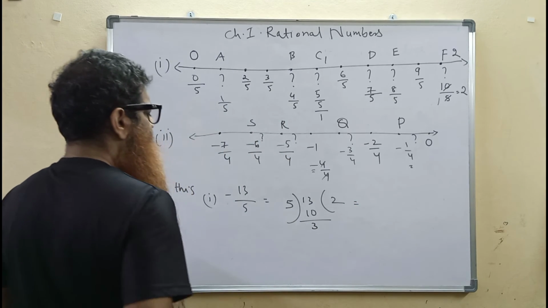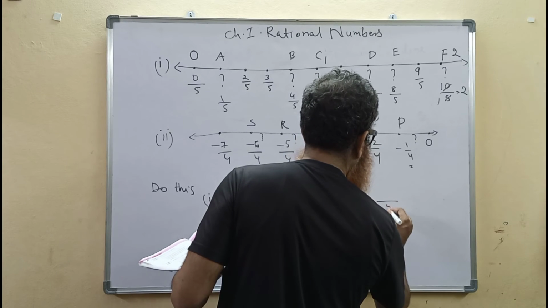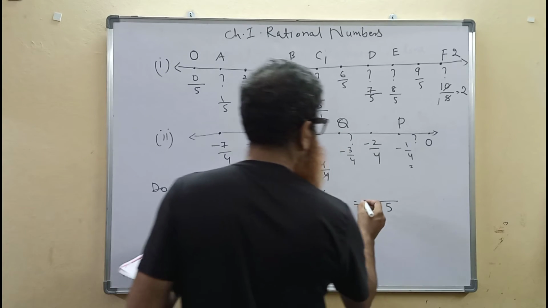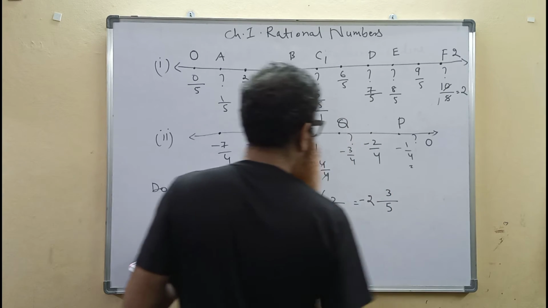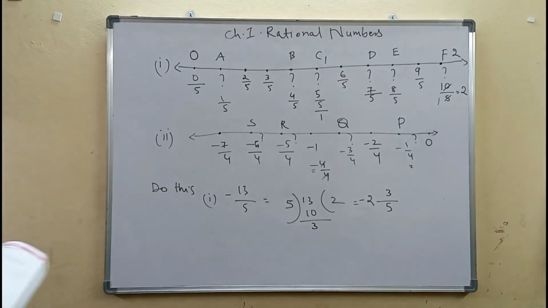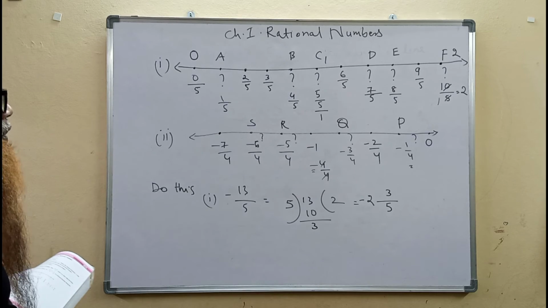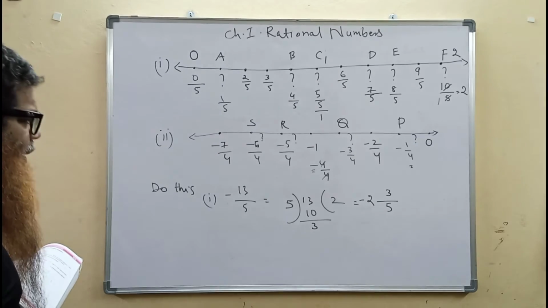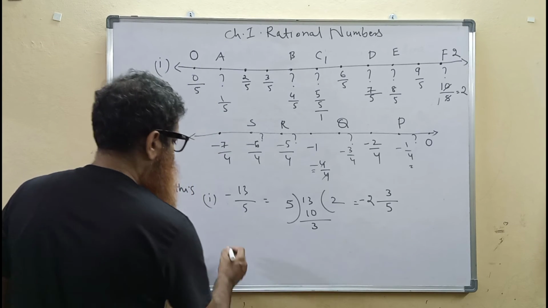So we have 5 in the denominator. It is minus 2 3 by 5. It's a mixed fraction and it's negative. Minus 2 3 by 5 is the number.